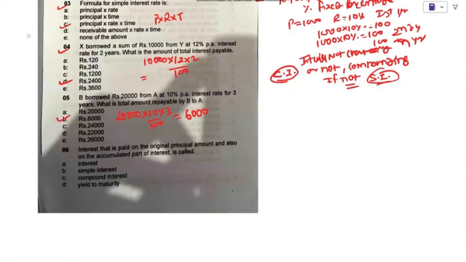Now for the total amount payable, we add 20,000. So the total amount payable is 26,000. So here the right answer is 26,000, not 6,000. 6,000 is the interest portion. Here we ask the total amount, which is equal to principal plus interest.